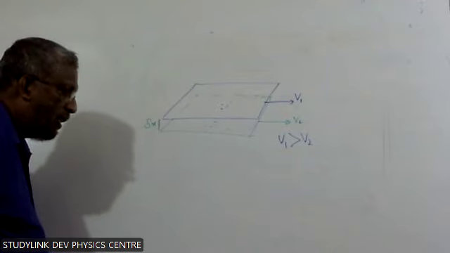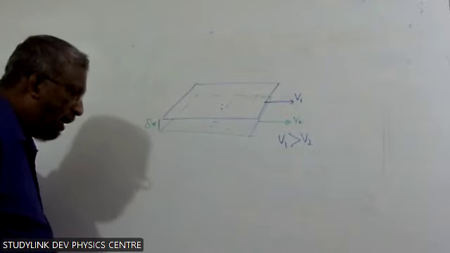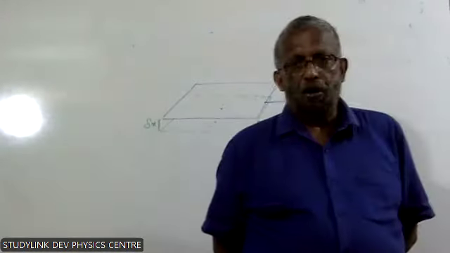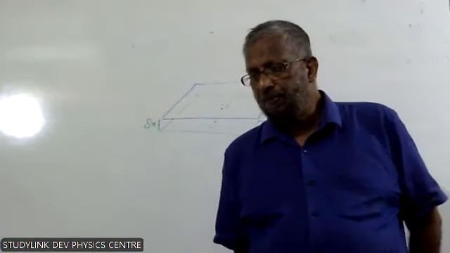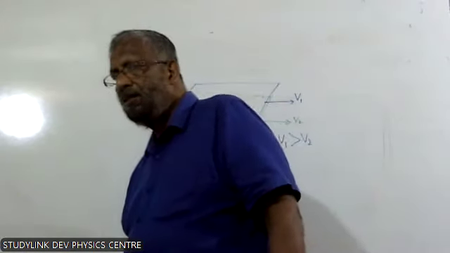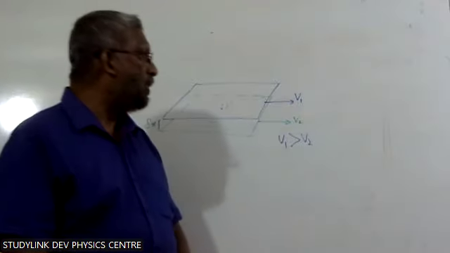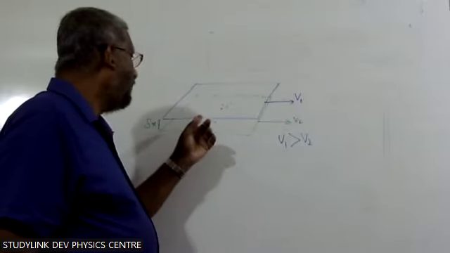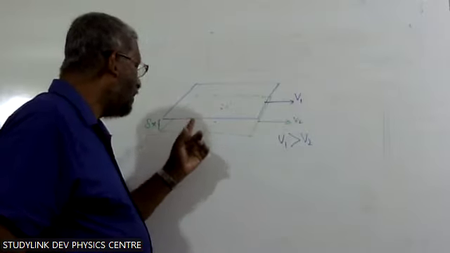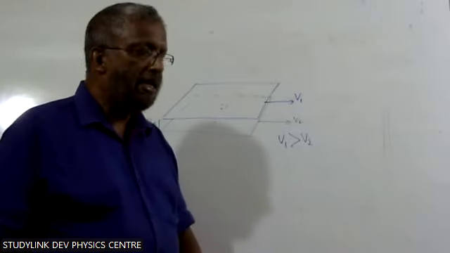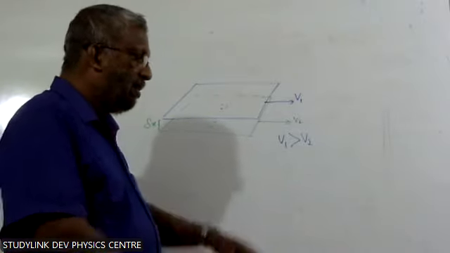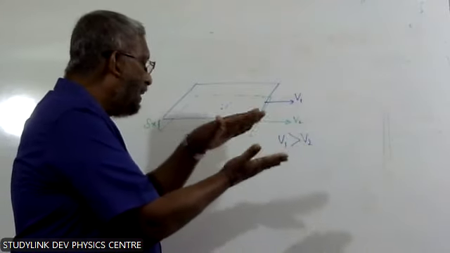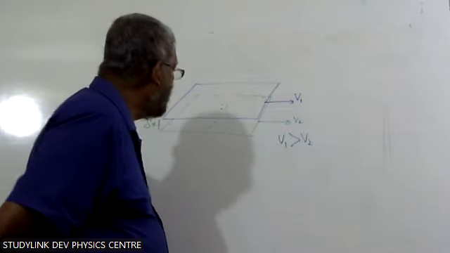When these layers have different velocities, there is relative motion and relative velocity. In this situation, a liquid frictional force is created automatically in between the two layers.